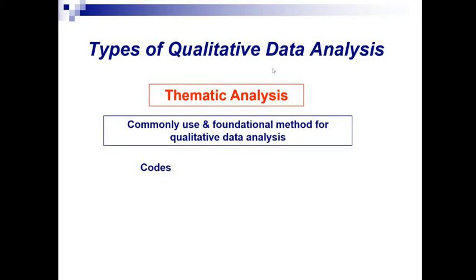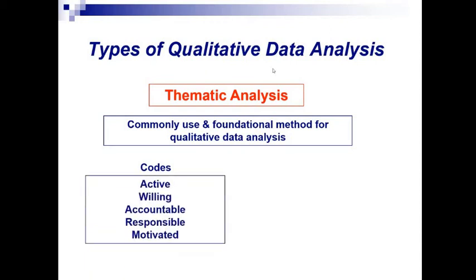Say for example, we are conducting a particular study, and initially we gather these codes: active, willing, accountable, responsible, and motivated. These are the words that we got directly from our participants' responses to a question. From these codes, we group or cluster them together to come up with a theme.